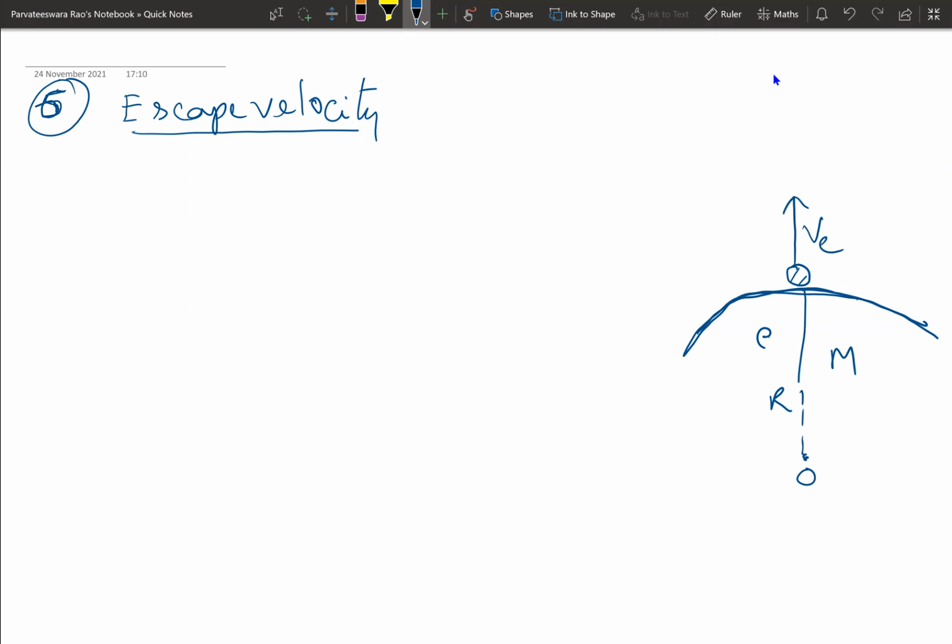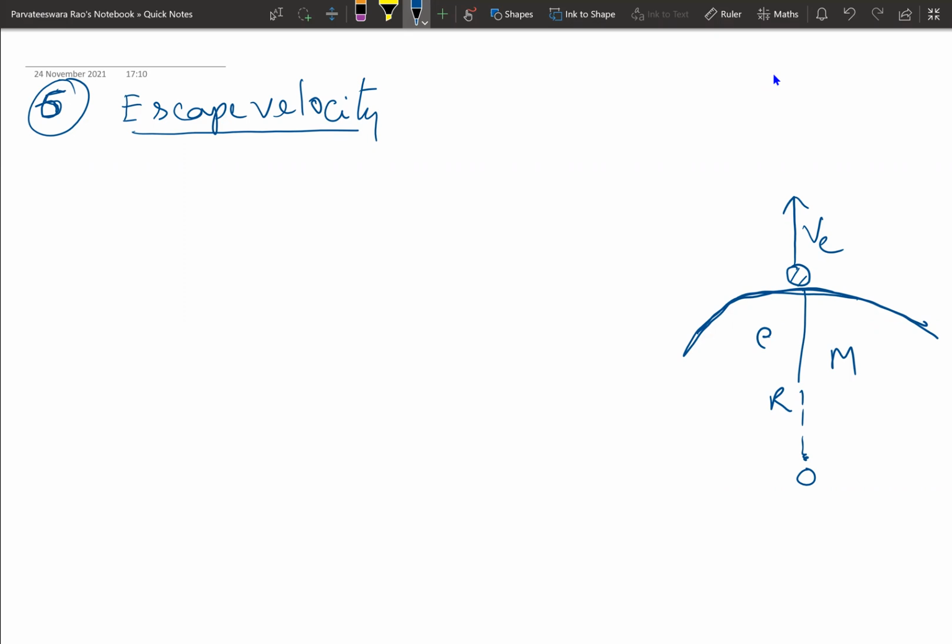That velocity is called escape velocity. The velocity with which a body should be projected so that it escapes out of Earth's gravitational pull is called the escape velocity. Voyager 1, Voyager 2, which already crossed our solar system, were projected with escape velocity.